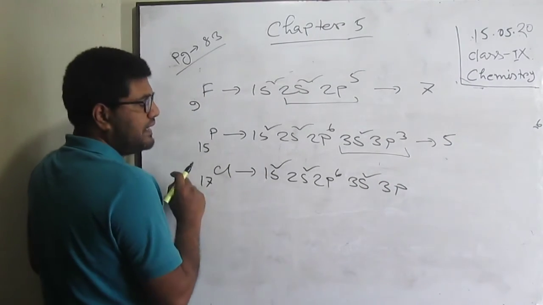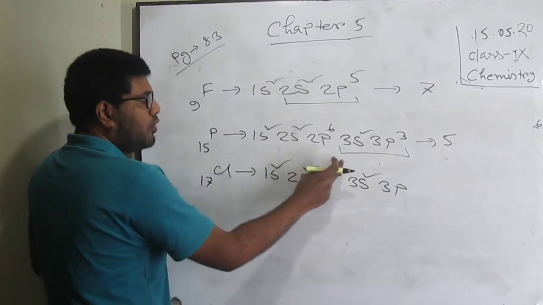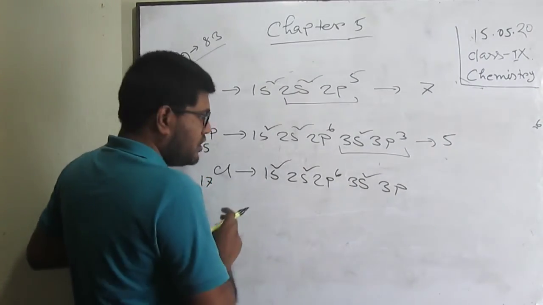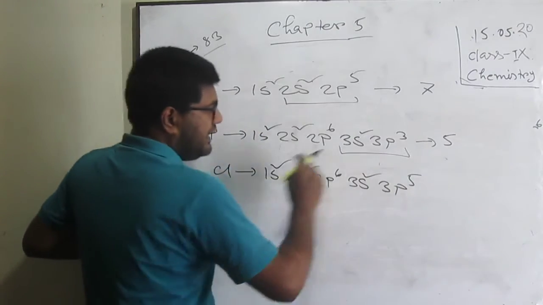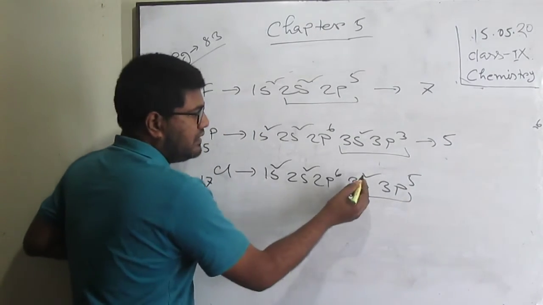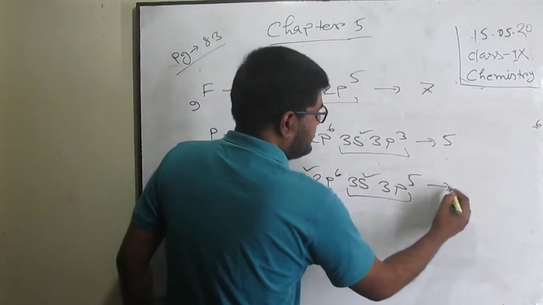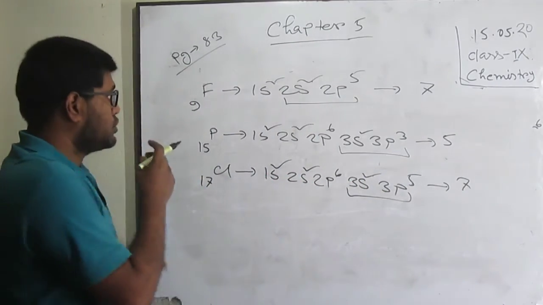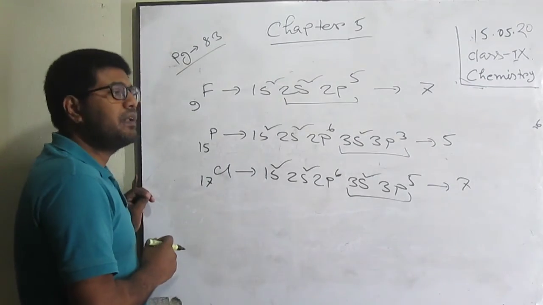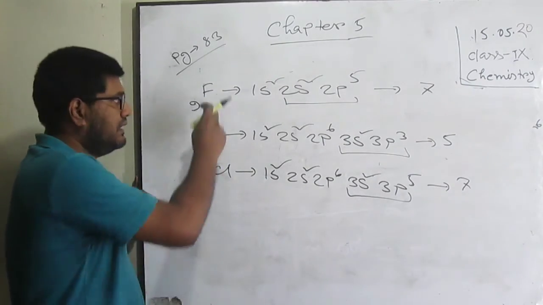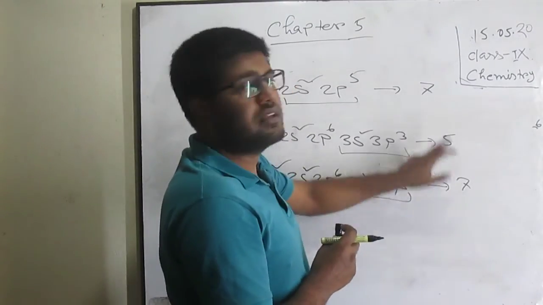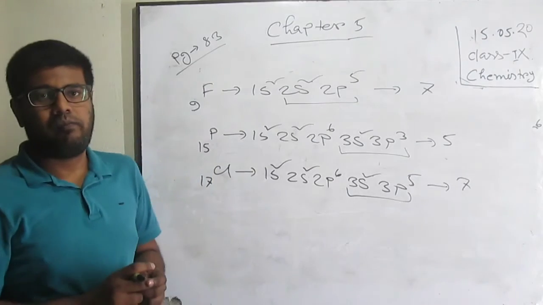Count the total number of electrons: 2 plus 2 is 4, 4 plus 6 is 10, 10 plus 2 is 12. So we have 5 electrons in its 3p orbital. So for the last orbit, there are 2 plus 5, that is 7 electrons. Fluorine and chlorine are both in the same group, group number 17. They are called halogens. That's why they have the same number of valence electrons.